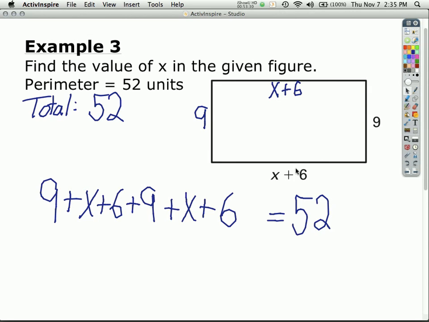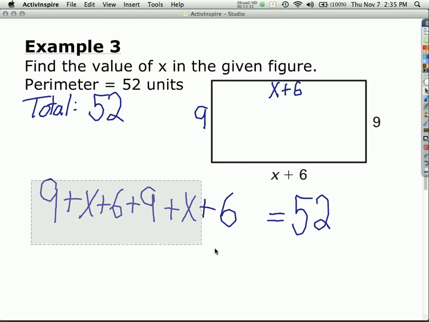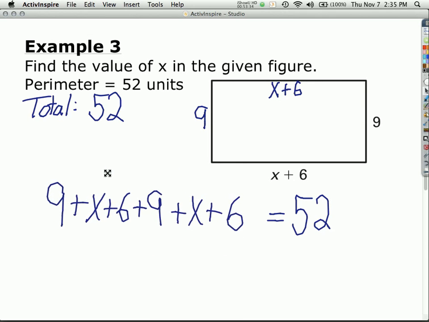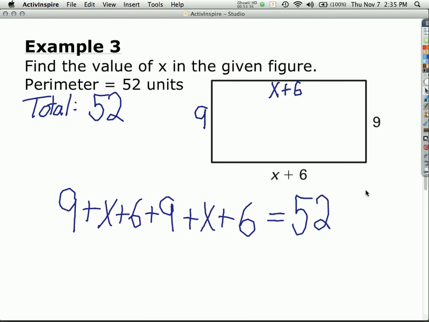But watch what happens. Kiana, you had something to add? Yeah, but you're not supposed to put it that way. Why not? Because it's supposed to be 9, and x plus 6 in a parentheses equals 52.